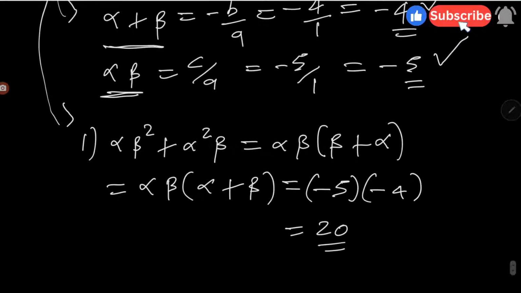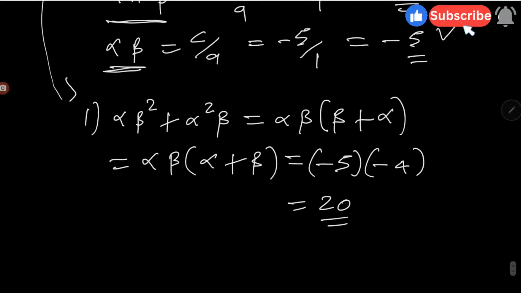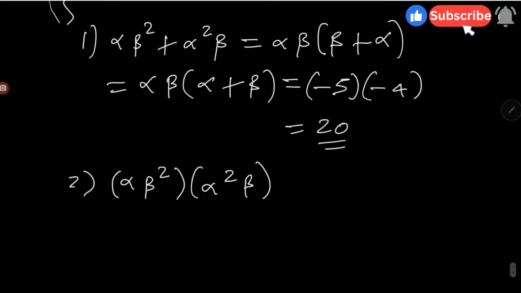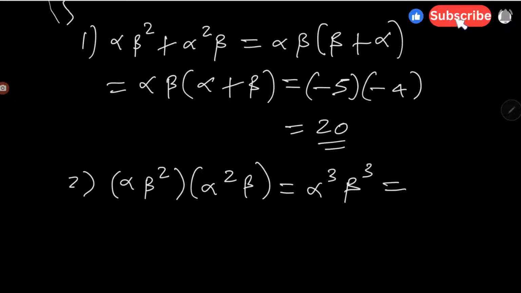Okay, and if we now try to find the product, so the product will be alpha beta squared, and this is being multiplied with alpha squared beta. So like terms will multiply each other, so alpha times alpha squared, this will be alpha raised to 3, beta squared times beta, it will also be beta to the third power, and this I can say it's alpha beta everything to the power 3.